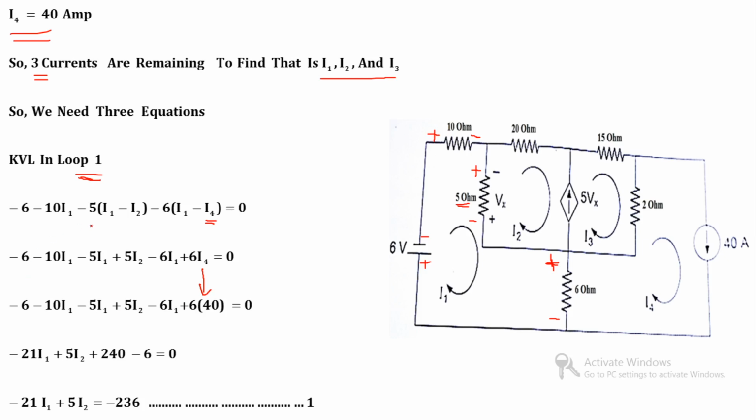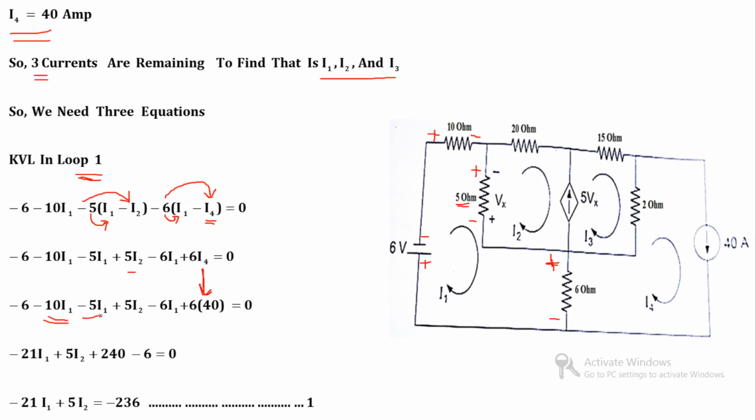So the equation becomes minus 6 minus 10 I1. I will multiply 5 with I1, so that is 5 I1, and this minus minus sign becomes plus, so this is plus 5 I2. Again we will multiply the 6 with I1, so minus 6 I1, and minus 6 with minus I4 will become plus 6 I4, and we will replace I4 with 40. So let's simplify the equation.